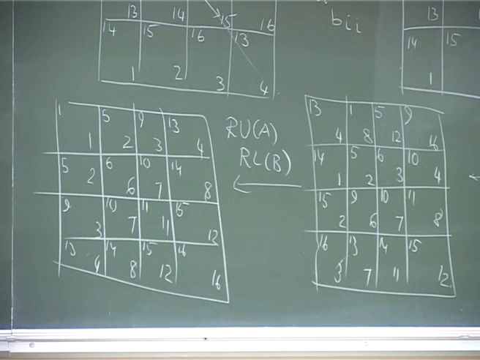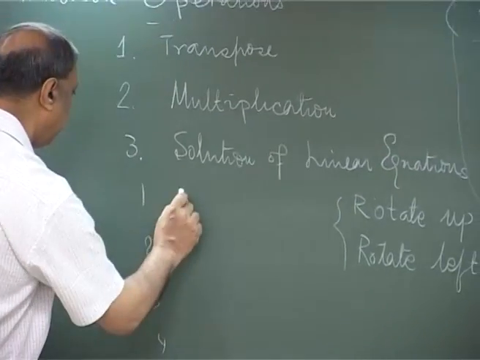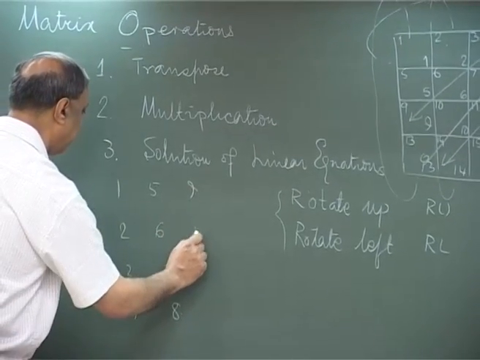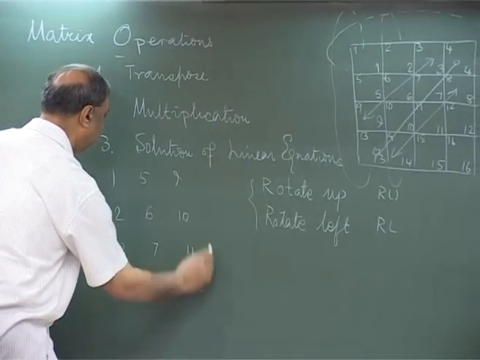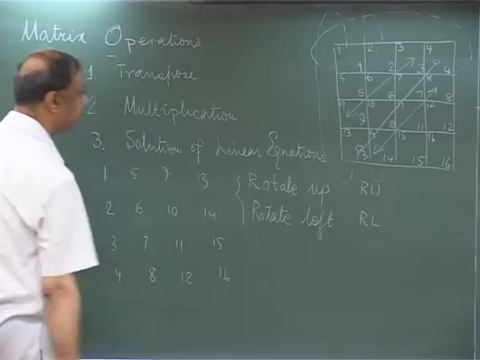Right? Now the original matrix should have been 1, 2, 3, 4, 5, 6, 7, 8, 9, 10, 11, 12, 13, 14, 15, 16.